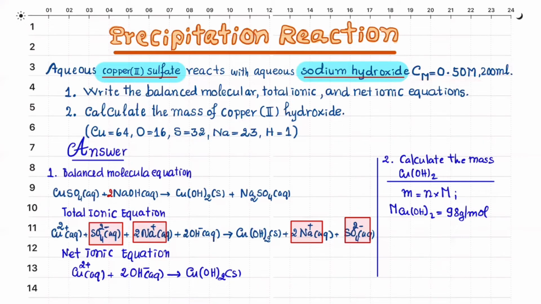Sodium hydroxide has a concentration of 0.50 molar and a volume of 200 milliliters, so 0.50 molar multiplied by 0.2 liter equals 0.1 mole.